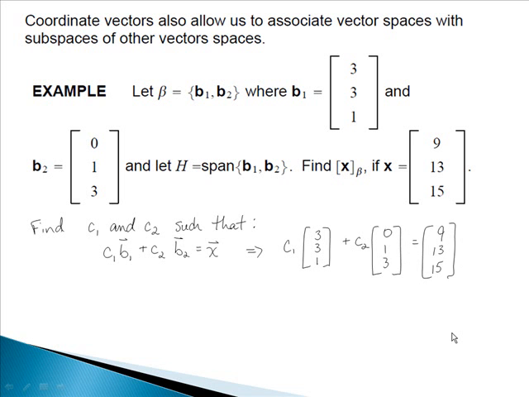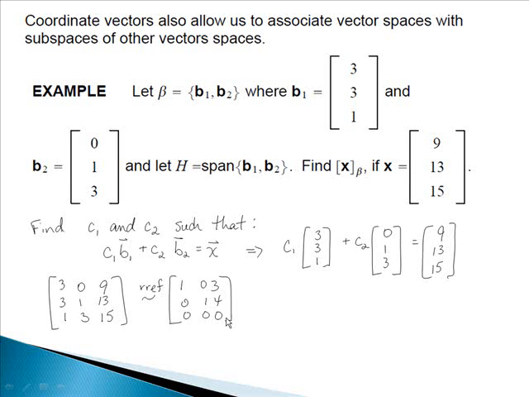Essentially we have a system of equations, and we're going to solve it by setting up an augmented matrix as we have here and row reducing it to produce this matrix here. So we see that c1 is equal to 3 and c2 is equal to 4. So our B coordinate vector here is the vector 3, 4.